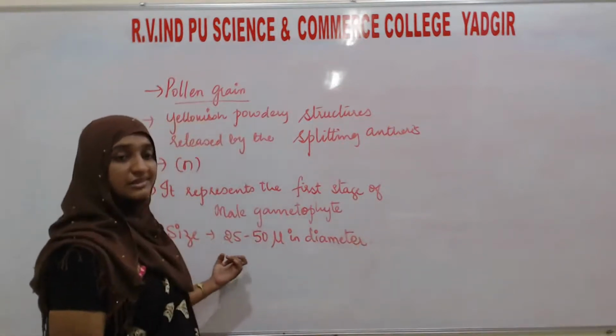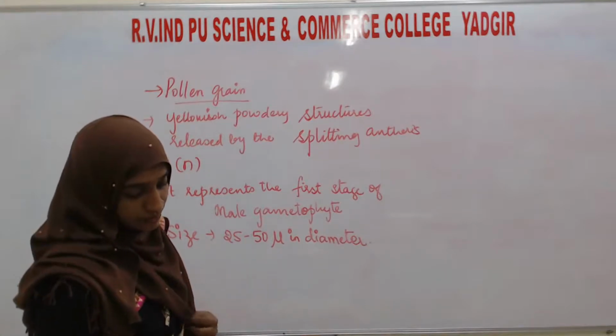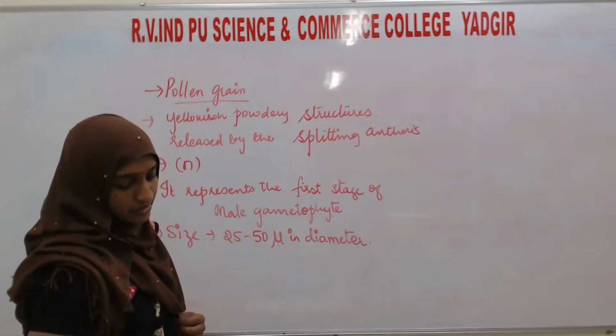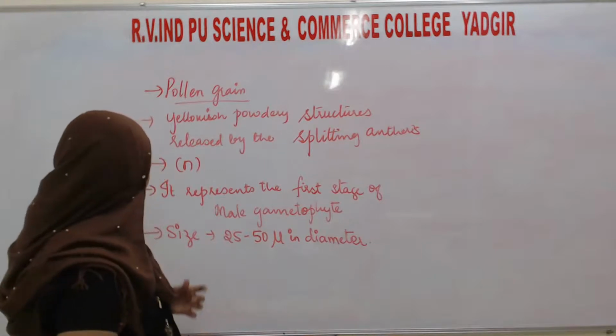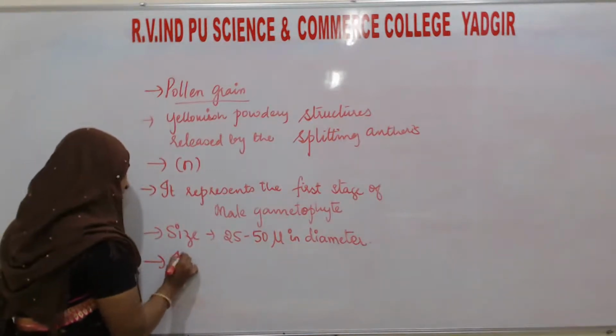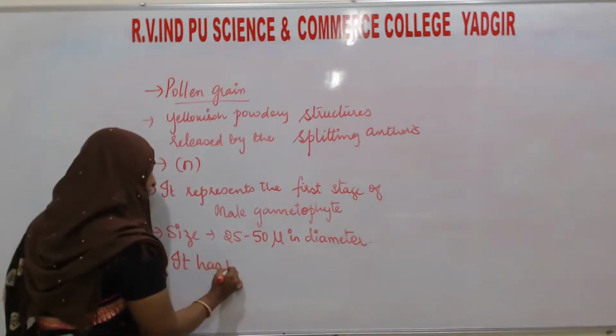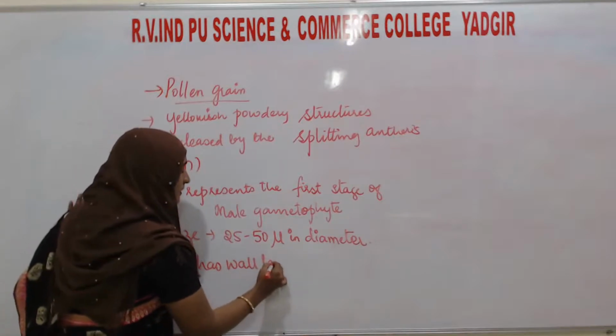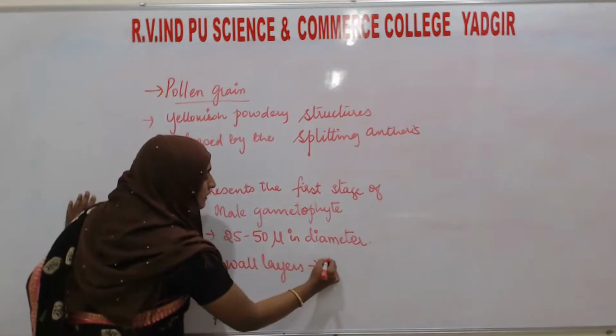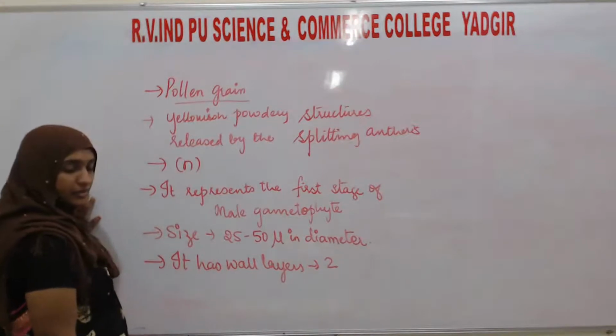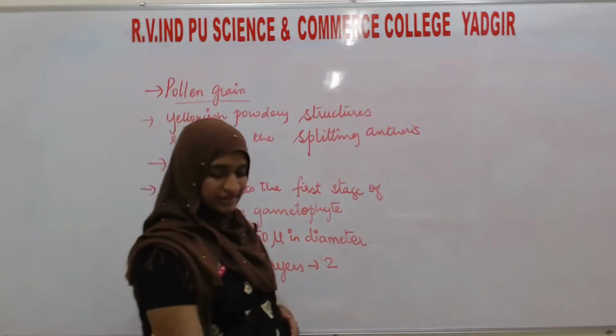How much is the size of the pollen grain? 25 to 50 micron in diameter, and it has wall layers. How many wall layers are there? There are 2 wall layers. So let's see about those wall layers.